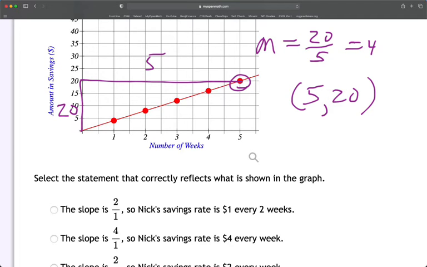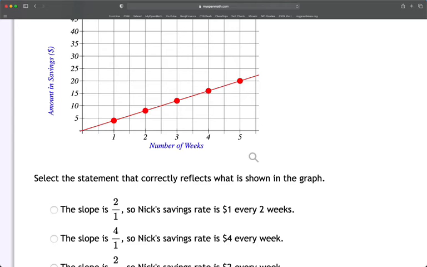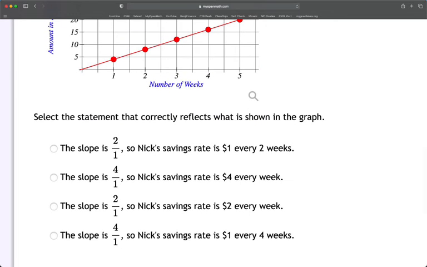Now, once again, we could have used the idea from 7th grade, since this is a proportional relationship, y over x. We can only utilize that from 7th grade because this happens to be a proportional relationship, okay? So we know that our slope is definitely 4. Now I'm going to take this off of here and scroll up a little bit. Right now we definitely know that it's either this choice or this choice.